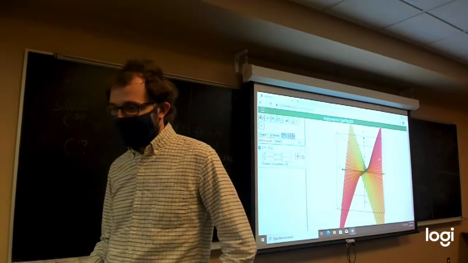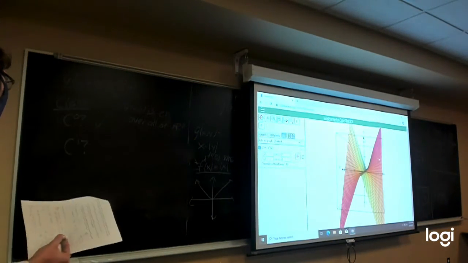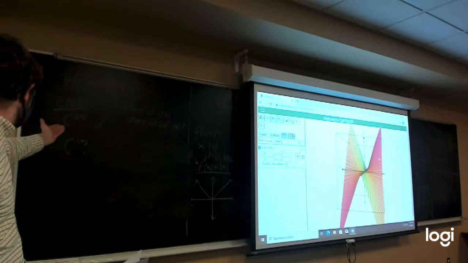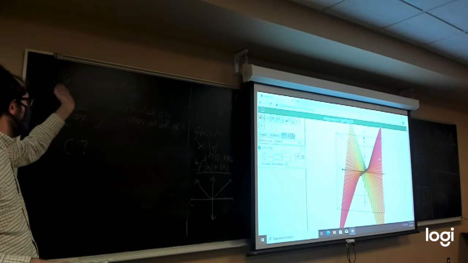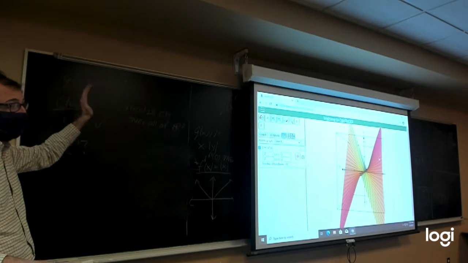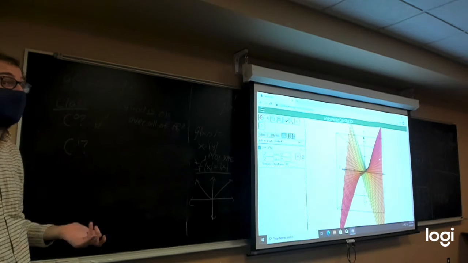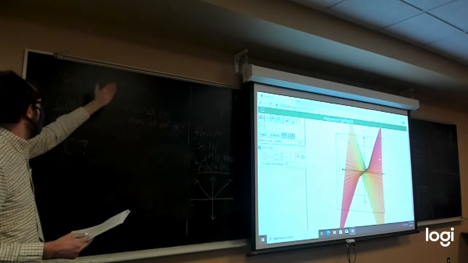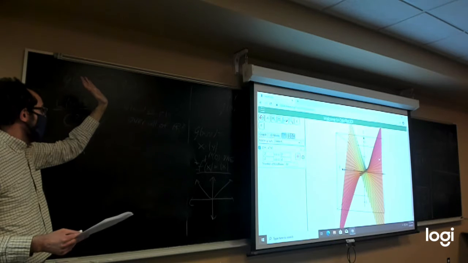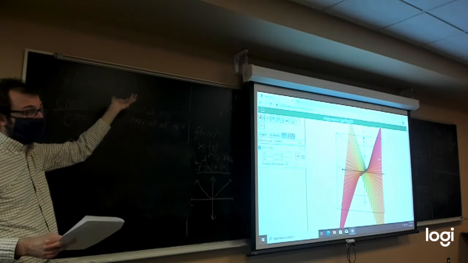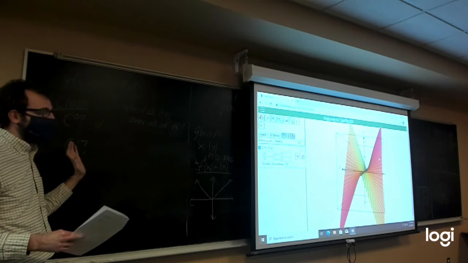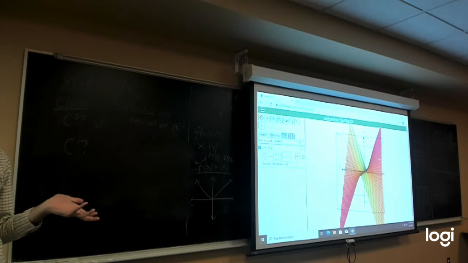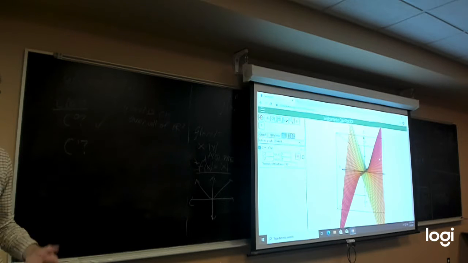But if this function was C1, then we would have to say anywhere that it's defined, the original function, which means everywhere in R2, this function would have to be differentiable. Meaning, we could take partial derivatives, they would exist at every point in R2 and be continuous at every point in R2.